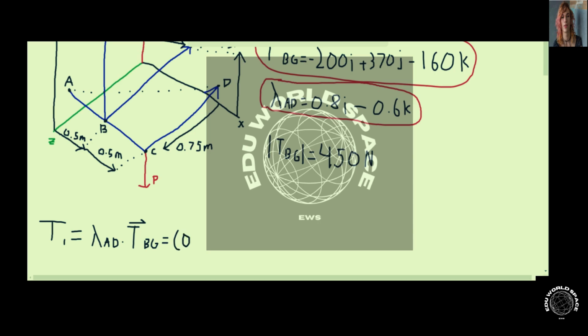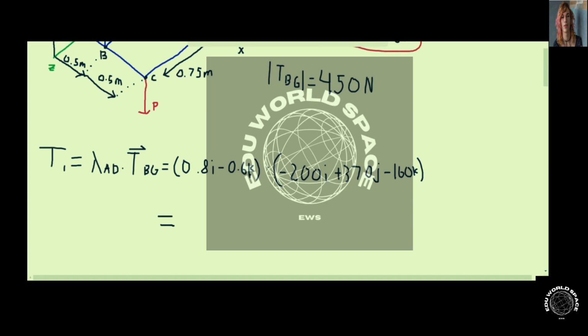So that's going to be the unit vector dot the tension vector, and that's going to give us a value of negative 64 newtons.